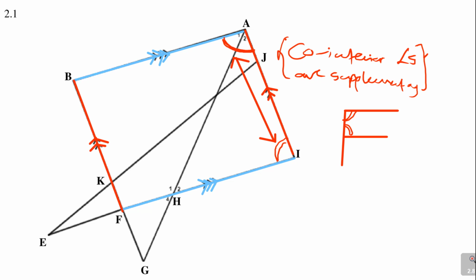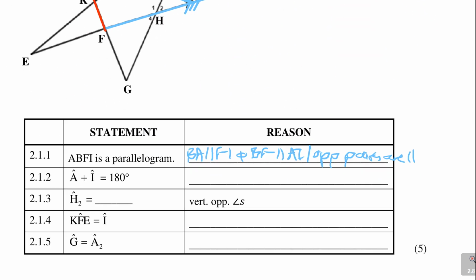Let me make it bigger. We can come up with an F like this. There is the F. There, if I extend this and I extend this, you see the F, then I show you this, that angle and that angle. You see what I'm talking about. But now I have to take that off for the next question. So the co-interior angles here are supplementary.